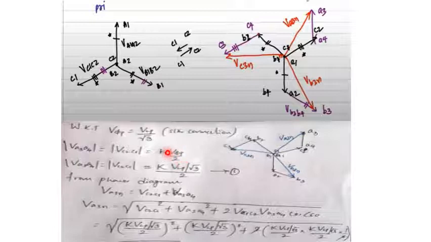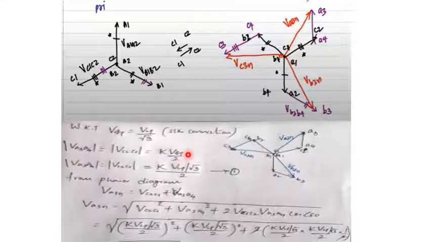Why did I represent this as VΦP divided by 2? Because these two are also phase voltages of the secondary, and here there are two phases. So this is one phase and this is one more phase. Every phase voltage will be half of the net phase voltage. What is the net phase voltage?